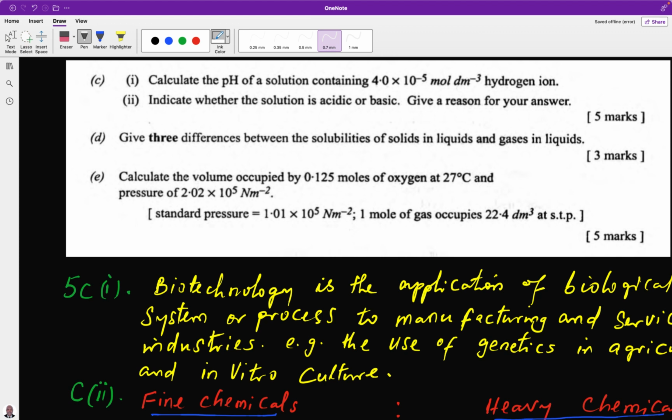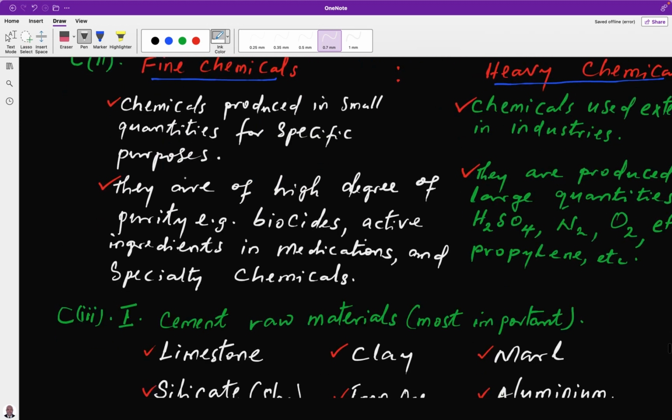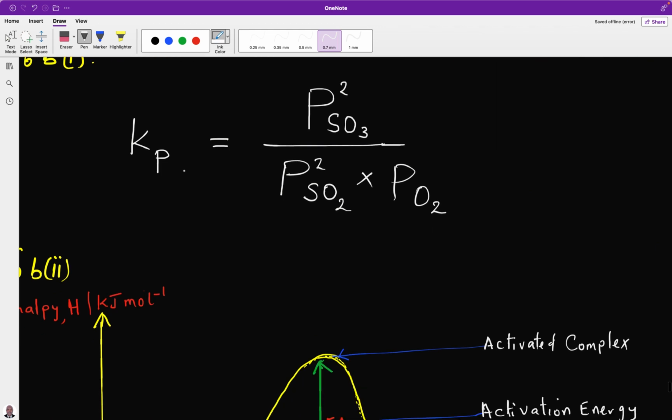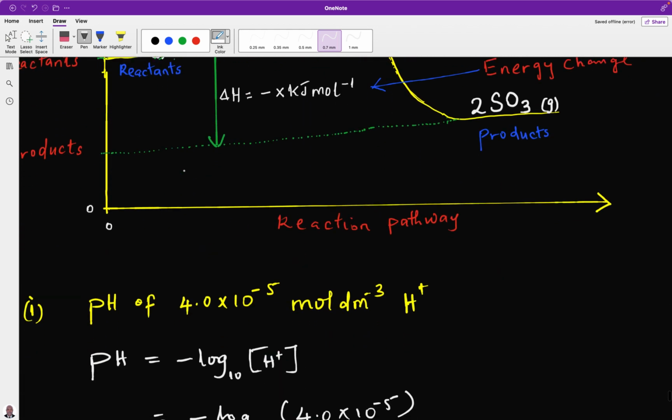How soluble are these in liquids? Let's have their solubilities for solids and for gases.